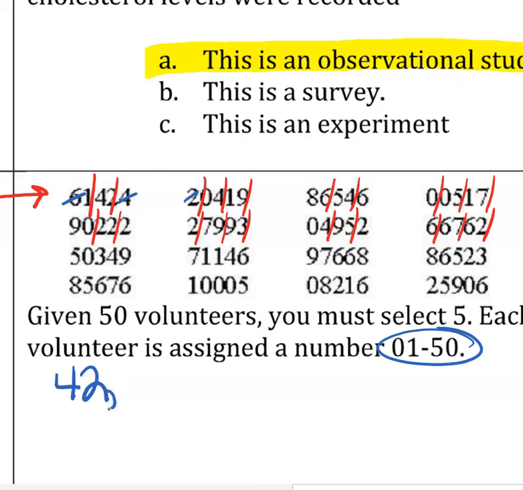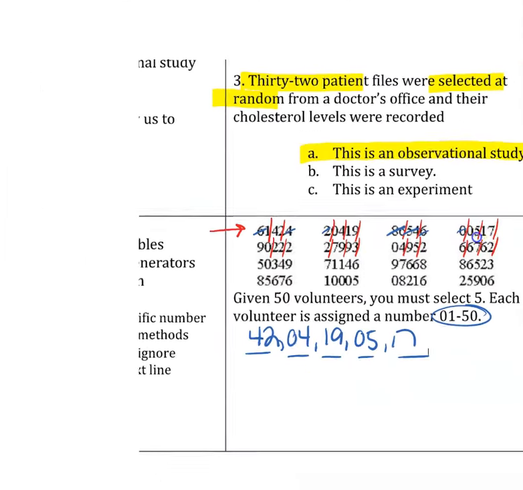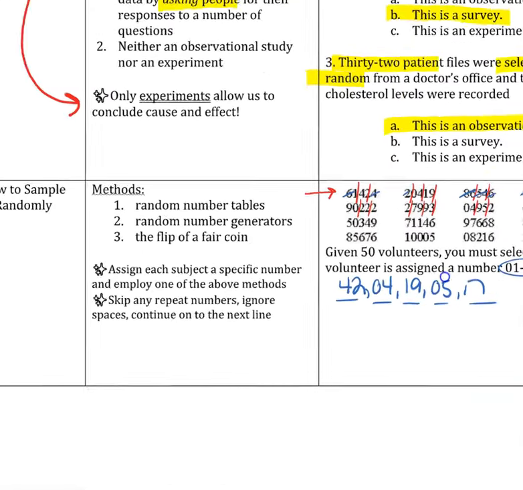Can't pick the same person twice. 4 is in, 19 is in, 86 is out, 54 is out, 60 is out, 5 is in, and lastly 17 is in, and that's my 1, 2, 3, 4, 5 volunteers, and then you're done. And I randomly selected them. It's random because everybody had a number that was different, and everybody had a chance of getting selected. It was just whatever the numbers spoke to do. It was fate. It was randomness. Okay.